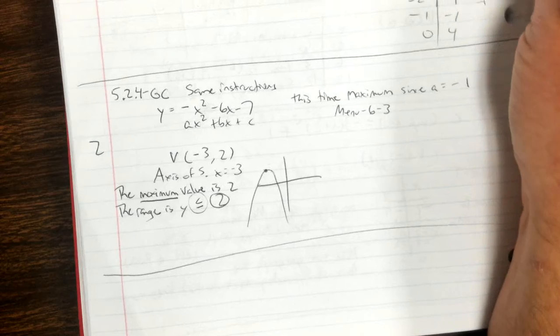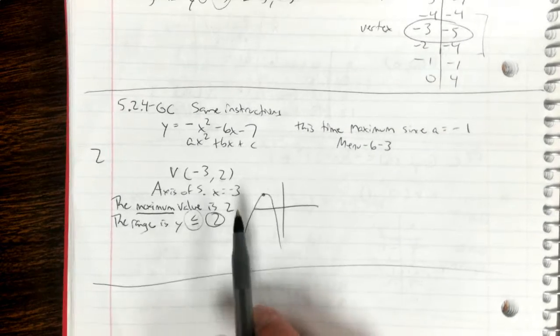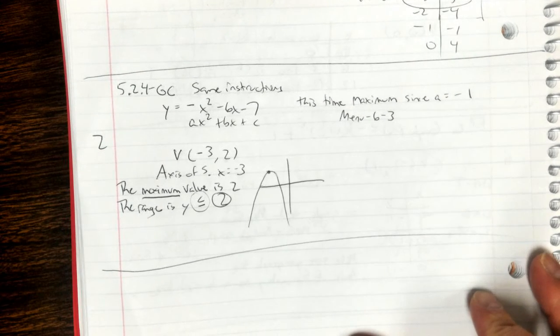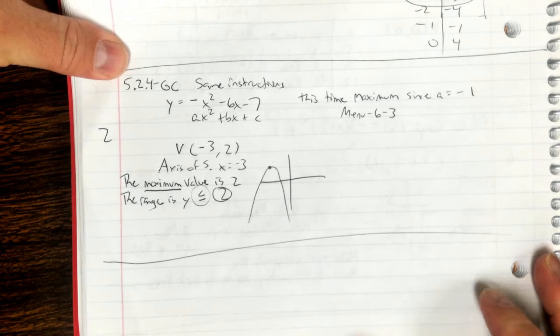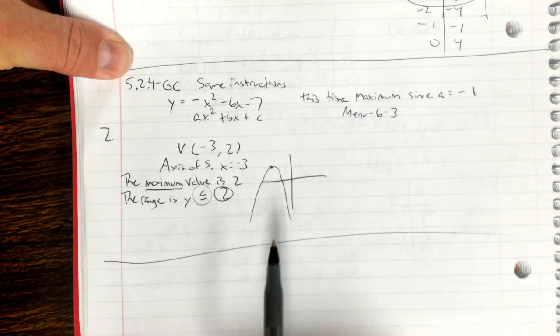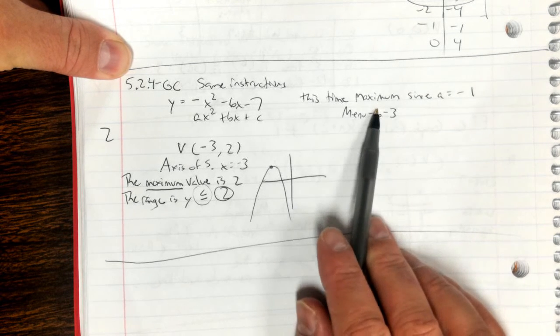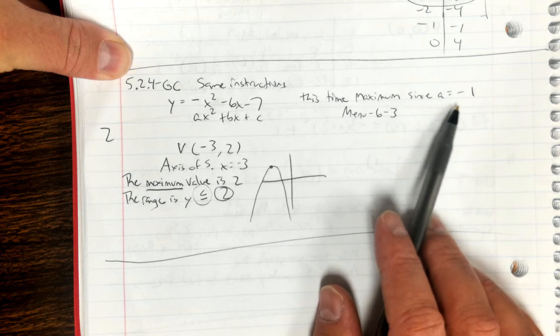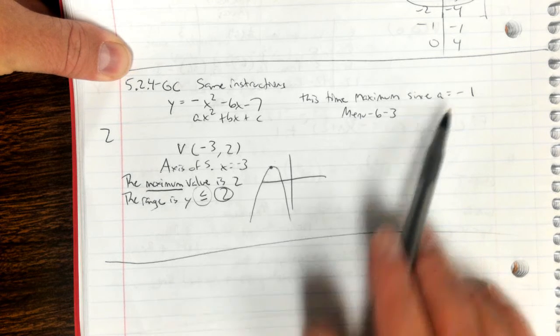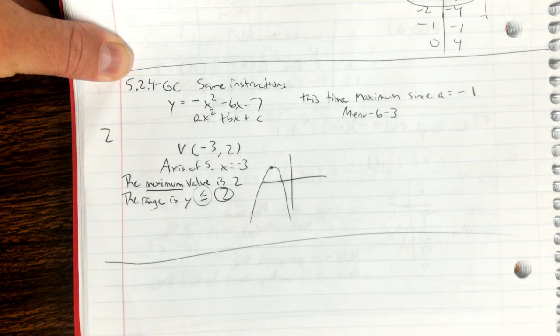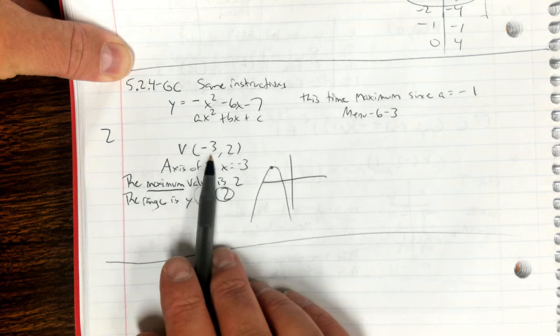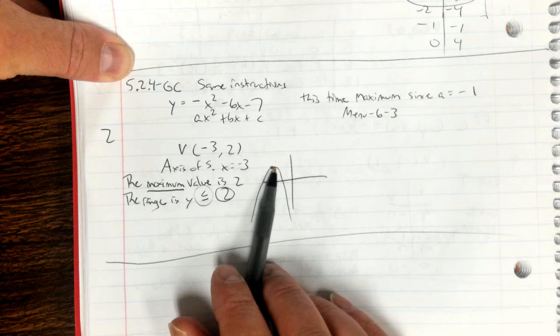Okay, the next one, same instructions. You have y equals -x squared minus 6x minus 7. This time you have a maximum instead of a minimum because a is -1. A is the number in front of x squared. When you graph this, you get -3, 2, so that's that one.